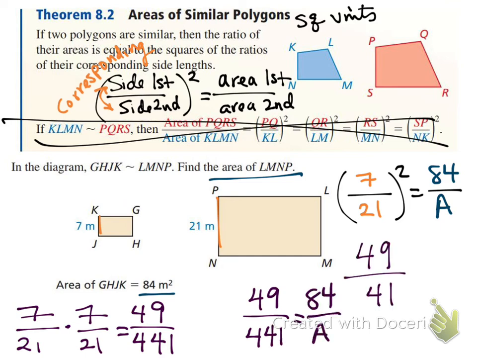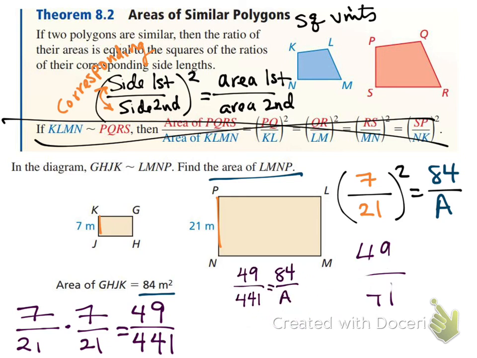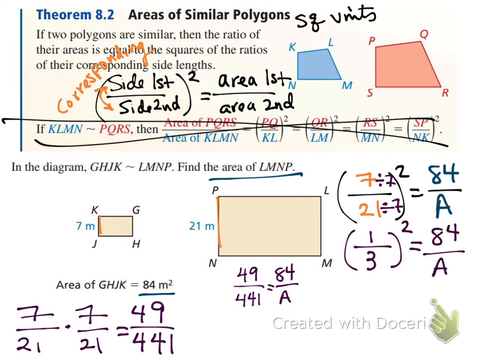I'm going to keep this here to show you. Or you can reduce 7 over 21. They're both divisible by 7. So you could divide by 7 before squaring. 7 divided by 7 is 1, and 21 divided by 7 is 3. All we did was reduce. Now you would square, same thing.